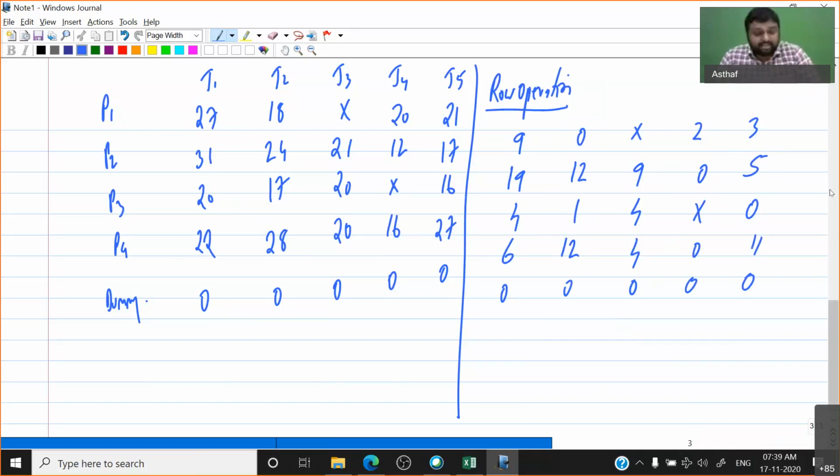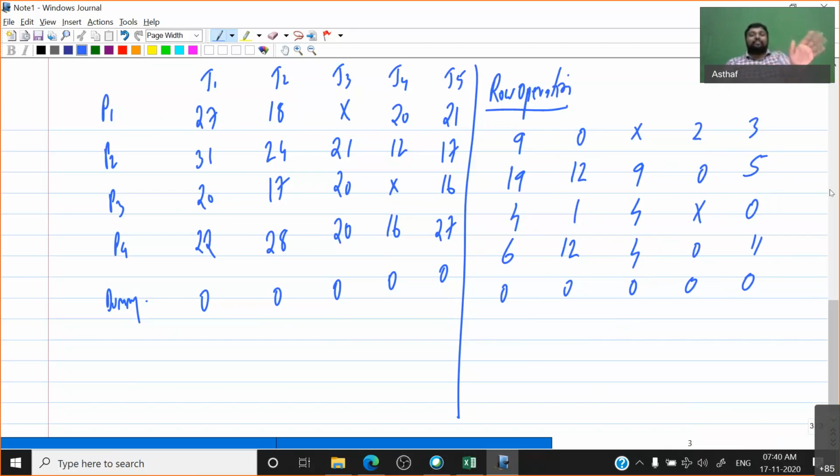See, my dear friends, after the row operation, next we want column operation. But if you look at this question, in all the columns we already have 0, because of adding one additional dummy.